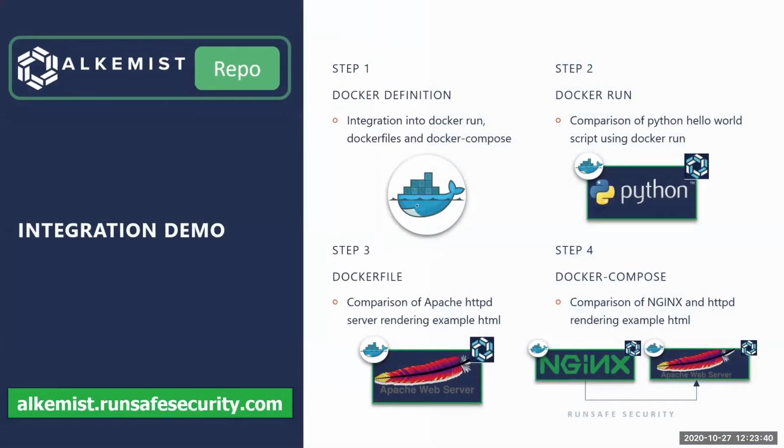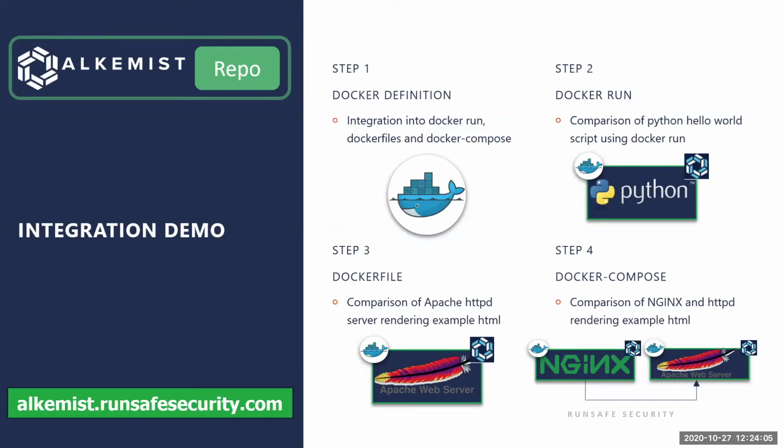So lastly, I wanted to provide a quick visual preview of what we will be going over in the demo on the Alchemist portal. It's a live environment laid out in a multi-step process focused on Docker and various types of open source applications. The goal is to not only show the ease of use while providing instructions for your own applications, but to show that the hardened software works the same as the original.